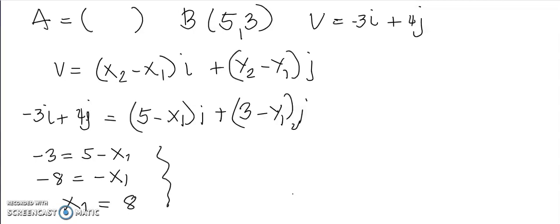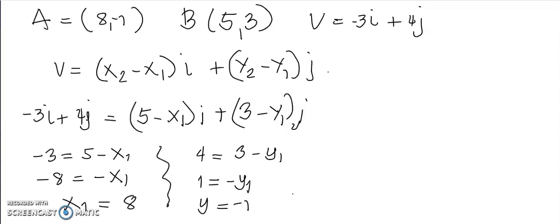So 4 equals 3 minus y sub 1. We subtract 3 from both sides, so 1 is equal to negative y sub 1. So our y is negative 1. So our point A here is 8 and negative 1. Got it? Okay.